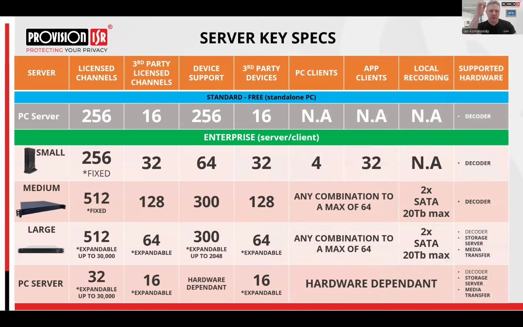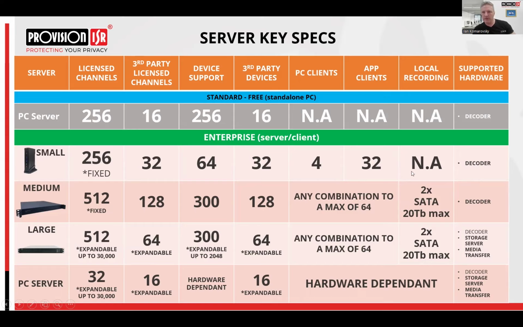Now, this is a summary table where we see all the different limitations of the different servers. The only thing I didn't mention is maybe this part. All of those servers are capable of managing a decoder for a video wall.